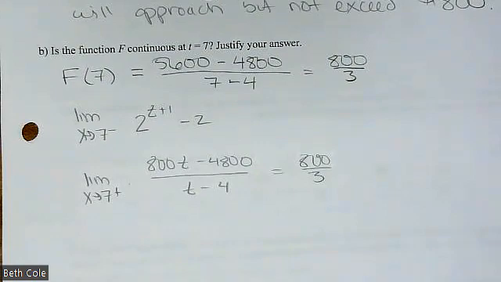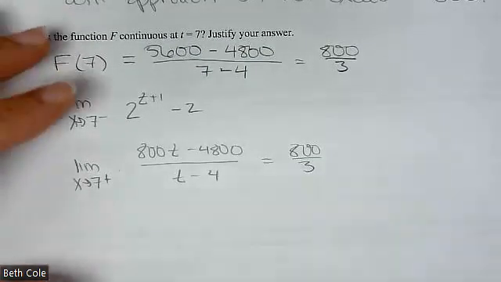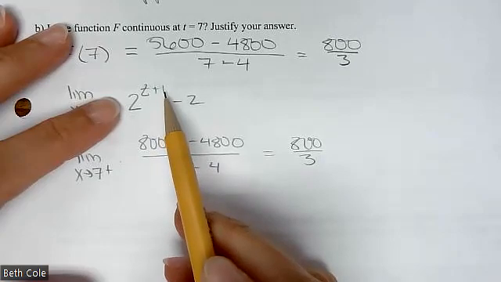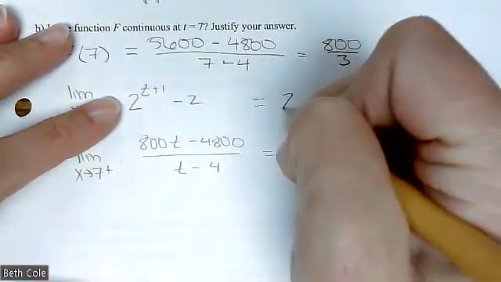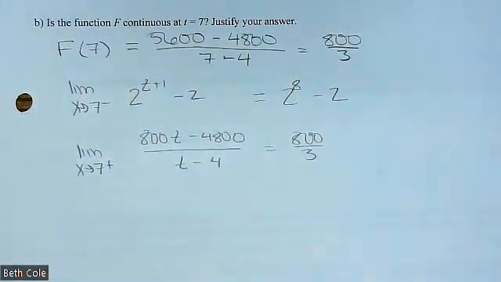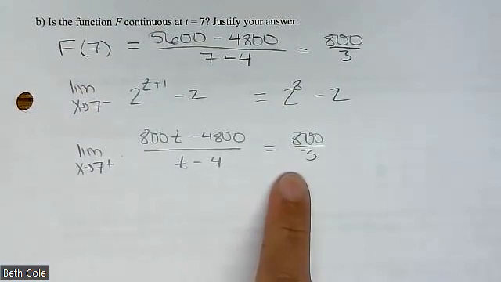I can't change this material, but I will be as much of a cheerleader as I can be. All right, now this one, when you plug in 7, you're going to love this. 7 plus 1, 8. So you get 2 to the 8th minus 2. And I really don't care what that is. The point is, it's not that. And you don't have to simplify it, okay?